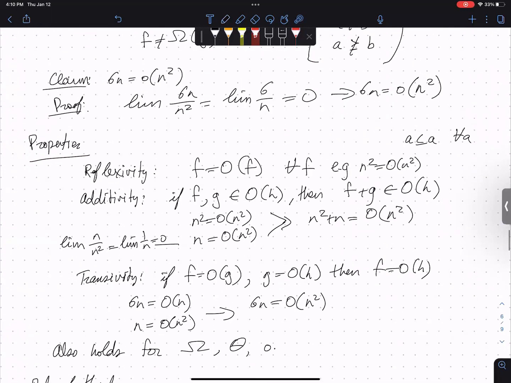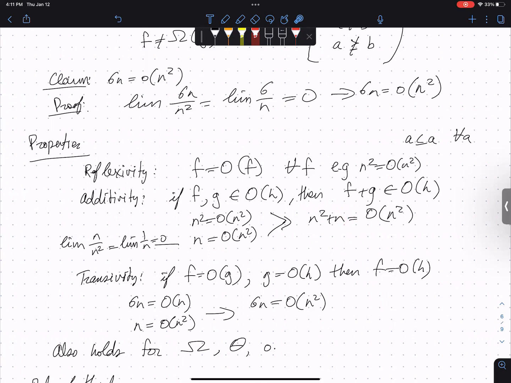Yeah, let's talk about additivity. So I want to prove how n squared plus n grows. Actually, now that you've seen the polynomials property, you can say this is a polynomial of degree 2, and it grows as n squared.